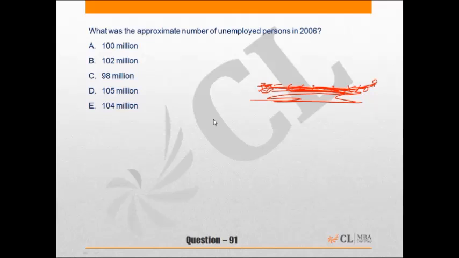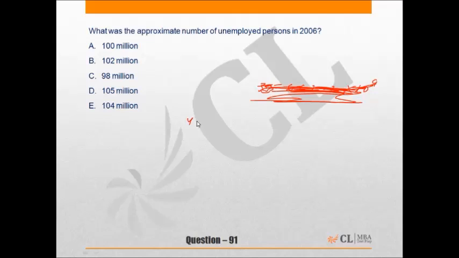In order to find the unemployed persons, first of all, we need to calculate the population of the country in 2006, and after that, using the unemployment rate, we can find the number of unemployed persons. So, first of all, find the total population in 2006. It will be current GDP upon per capita income.